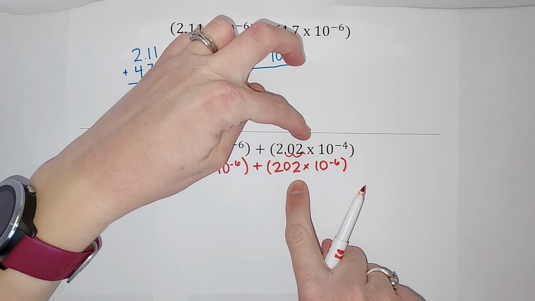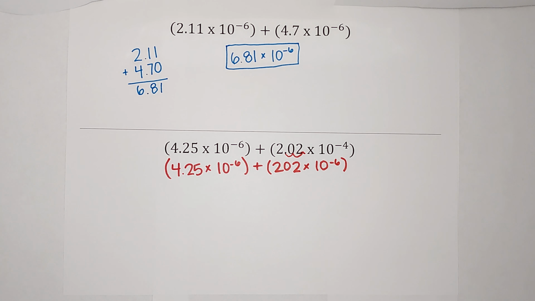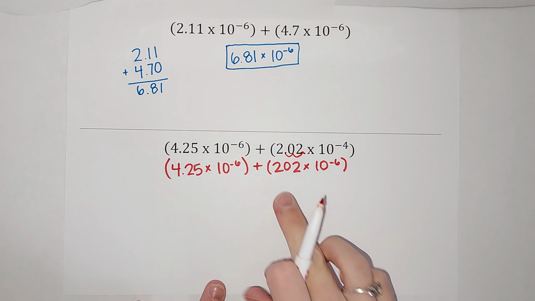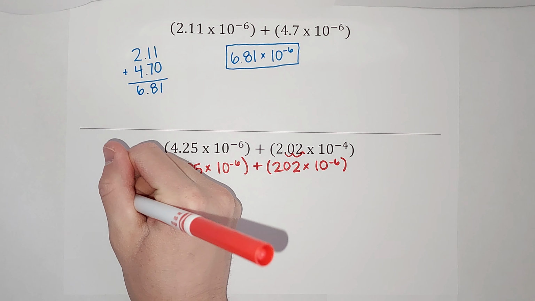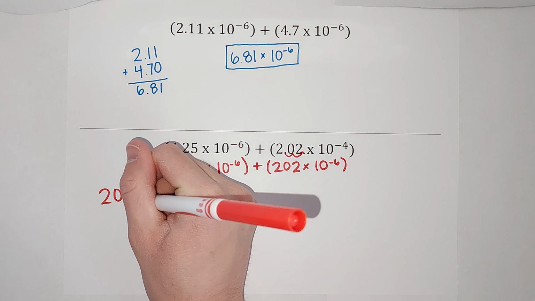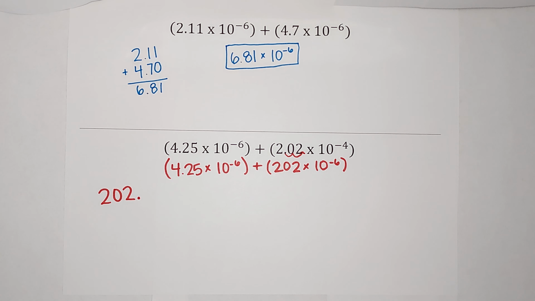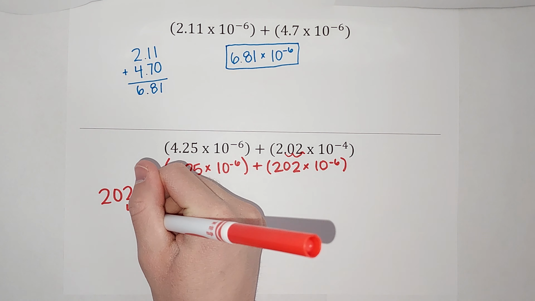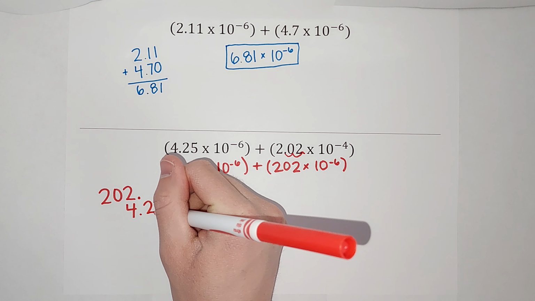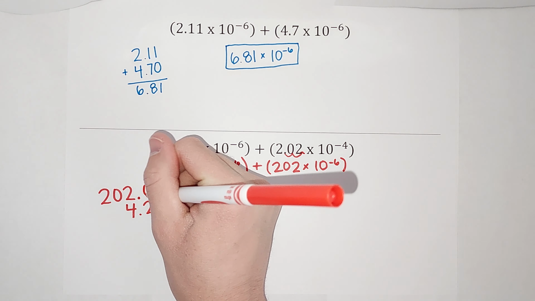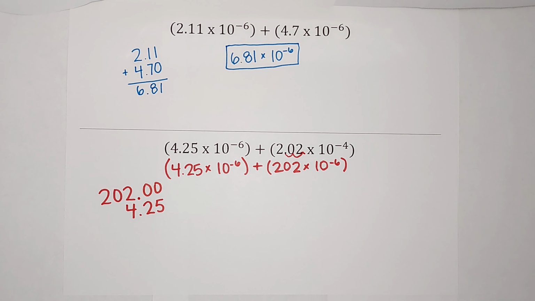So now these two numbers are the same, just one is more simplified than the other, right? Okay, so now I can just add these. They're in the same power. So I'm going to take 202, which might look like it doesn't have a decimal, but when it looks like that, there's just one at the end, right? Because I want to line those decimals up. So there they are lined up. I can add the zeros there so that they line up nicely.